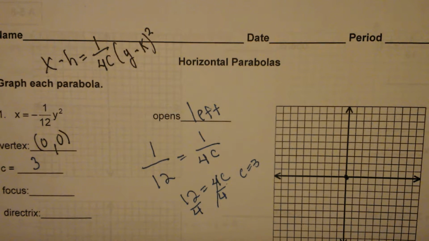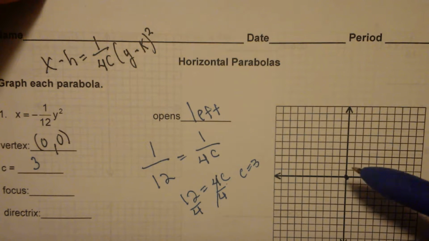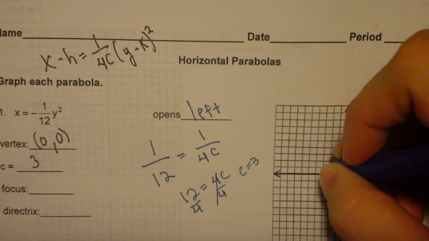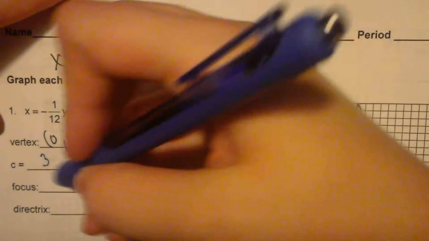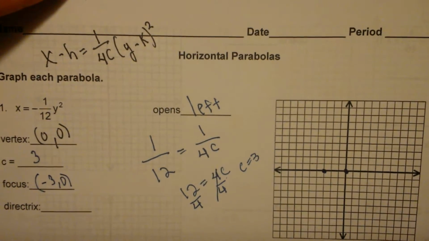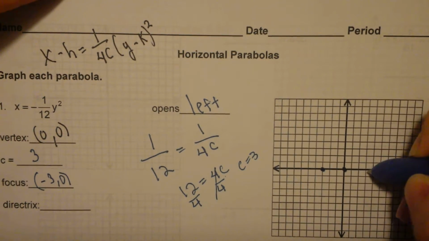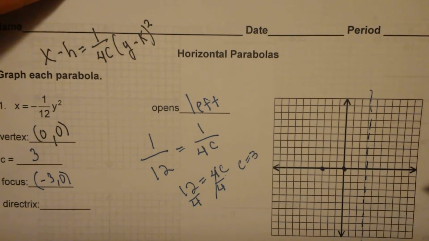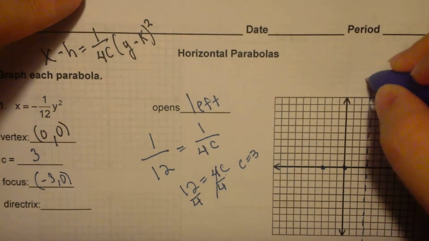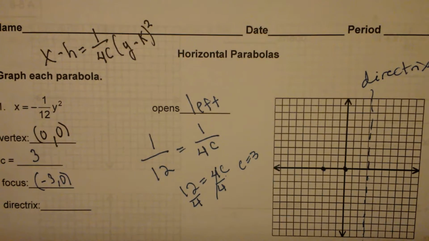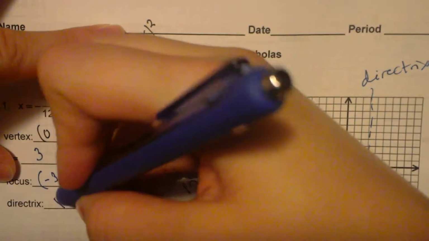So I'm opening to the left, my focus is to the left of my vertex, -3, 0. Which makes my directrix on the right. And this time it's a vertical line. That is the directrix, and that line is x equals 3.